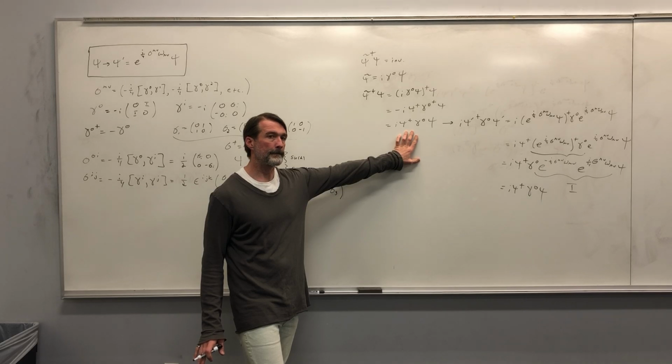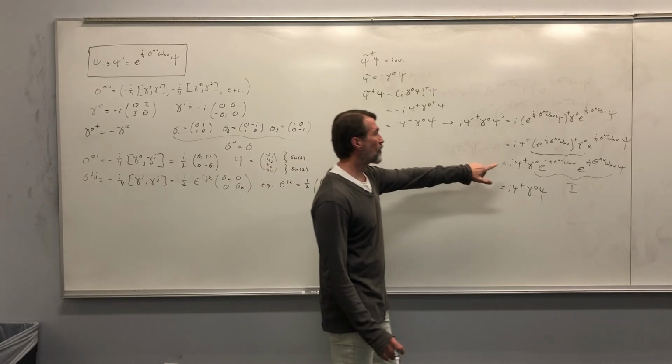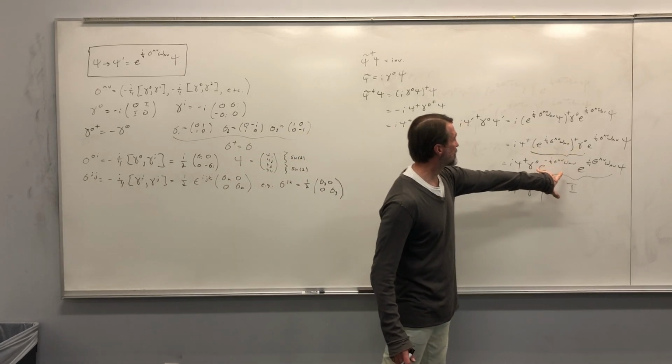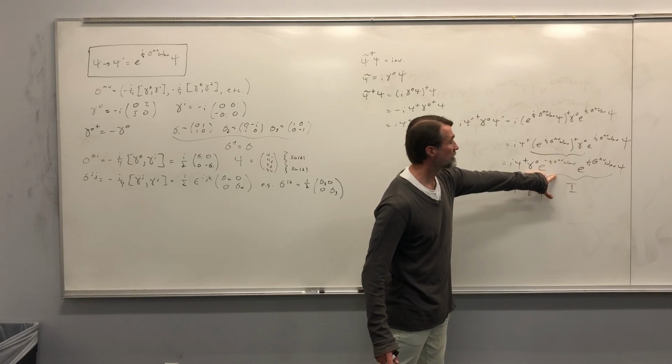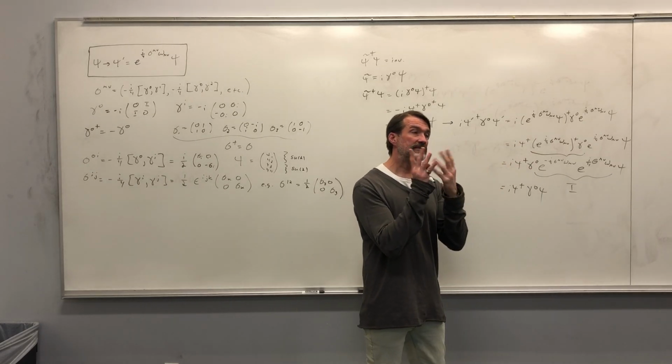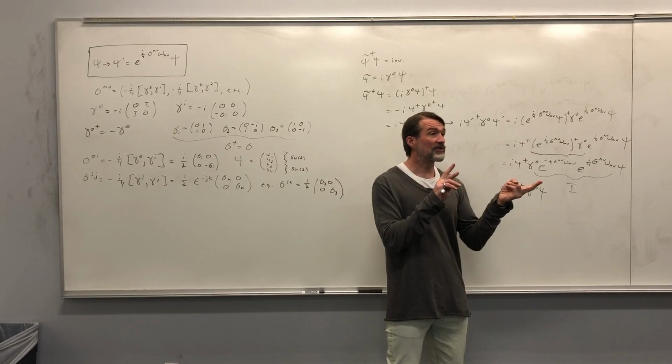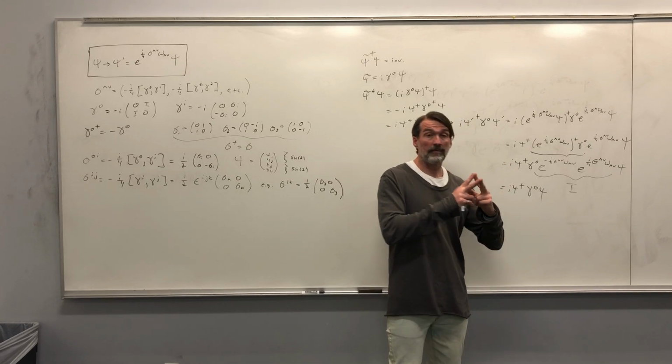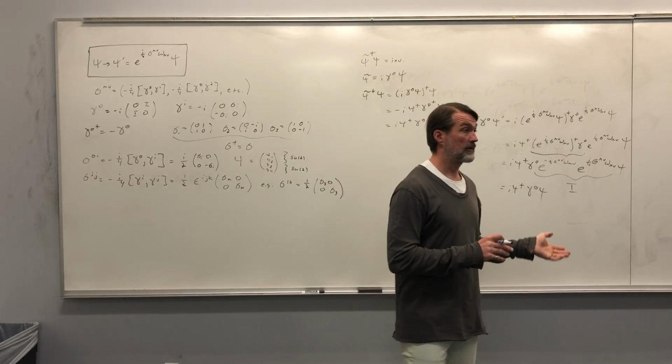So again, in your homework, you're going to basically show that this gives you this. And again, it's due to the cancellation of two effects, both of which treat things differently, but in combination, they treat everything the same.